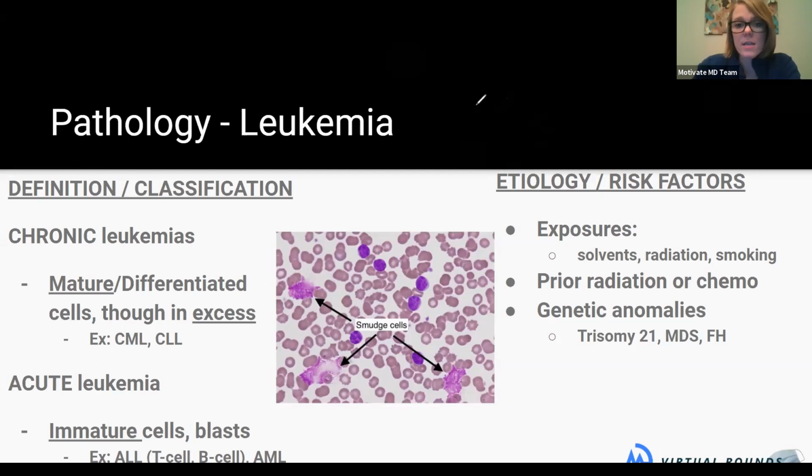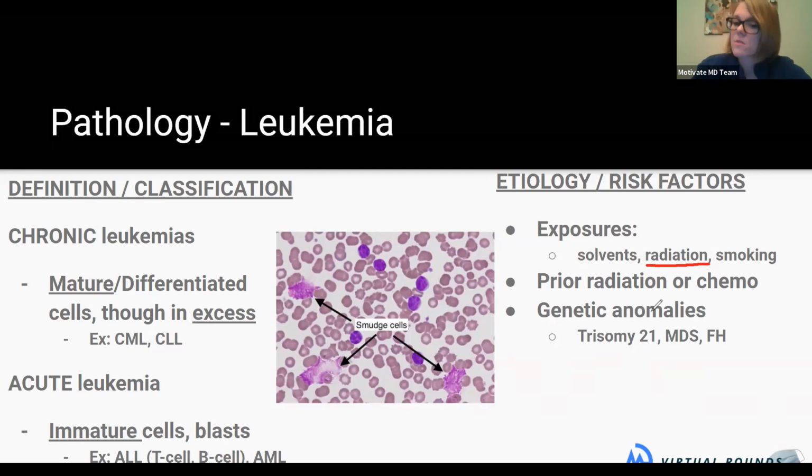With this case, this guy worked in a nuclear power plant for 41 years, so he was exposed to radiation for a long period of time. That was certainly one of his risk factors.